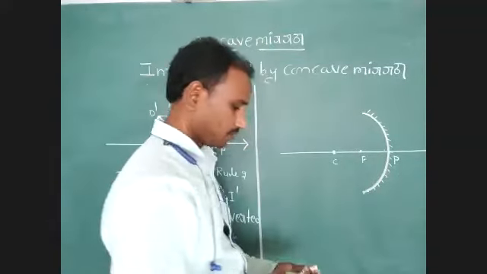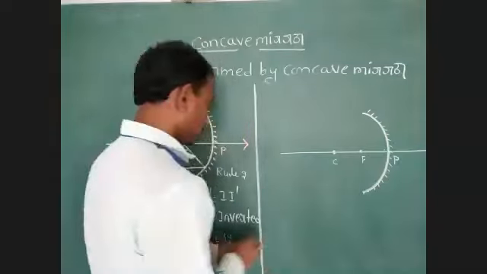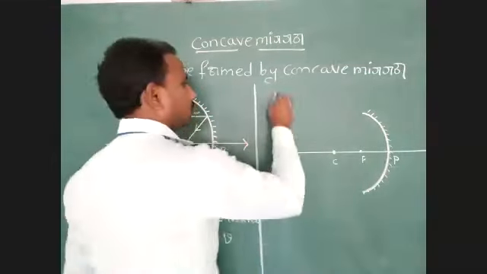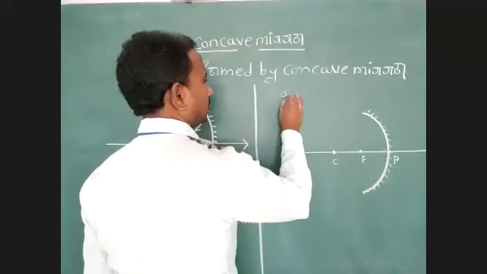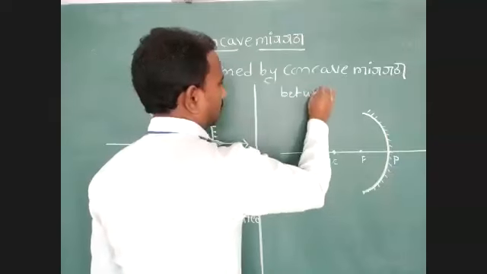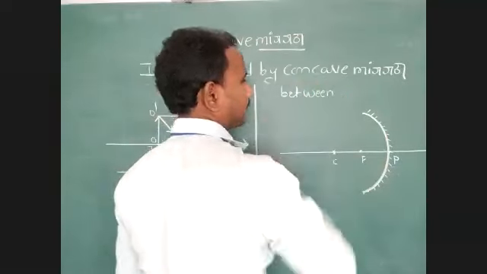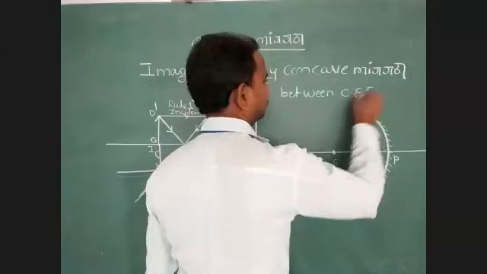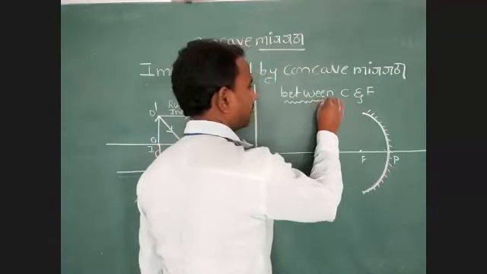And the next one, here consider the position of an object between C and F. Where is the position of the object?